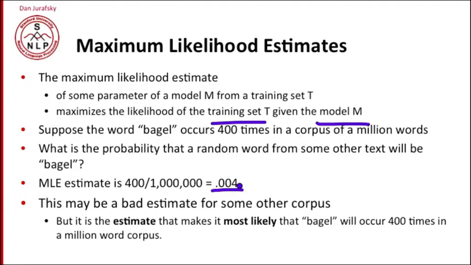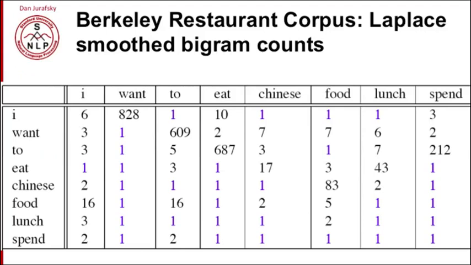So add-one smoothing, and any kind of smoothing, is a non-maximum likelihood estimator because we're changing the counts from what they were in our training data, in the hope of generalizing better. If we go back to our Berkeley restaurant project and add 1 to all of our counts, here's our Laplace-smoothed bigram count. Now all those zeros have become 1s, and everything else gets 1 added to it.